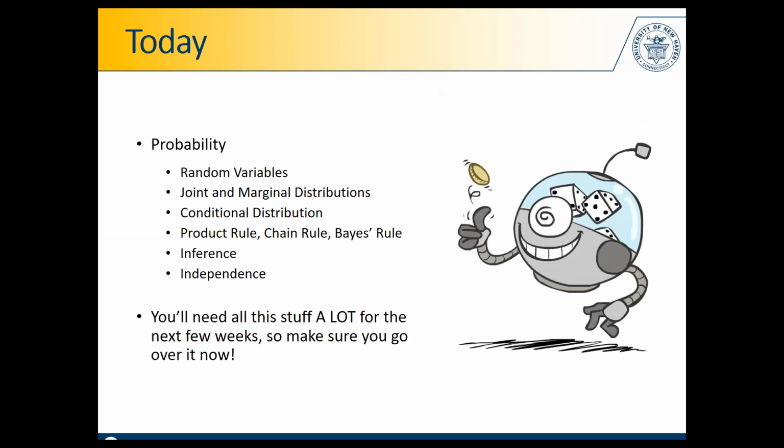We don't yet have a language to describe or a framework to analyze uncertainty. Today, I'm going to introduce the language and the framework for reasoning about uncertainty and stochasticity, about observations, about the environment, about the actions and such.